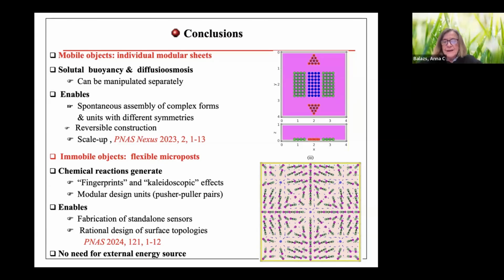Oh, I love it. Let's start with the immobile objects. What I can envision is if you have pollutants in your solution, then the pollutants might identify themselves through the pattern that you created. So the pollutants have a particular chemistry with the posts, and you get a particular pattern when that pollutant is present.